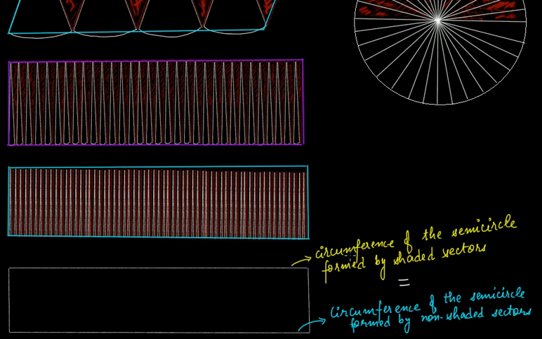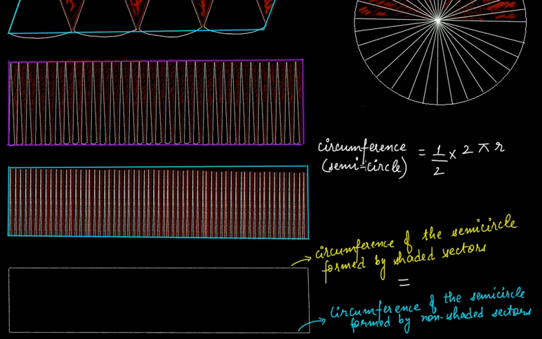So if we represent the circumference of the semicircle by small c, let me write it here: circumference of the semicircle is half times 2 pi r, because 2 pi r is the circumference of a complete circle.